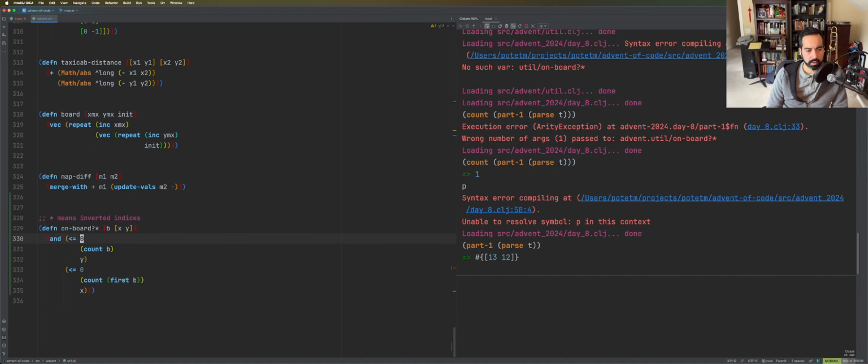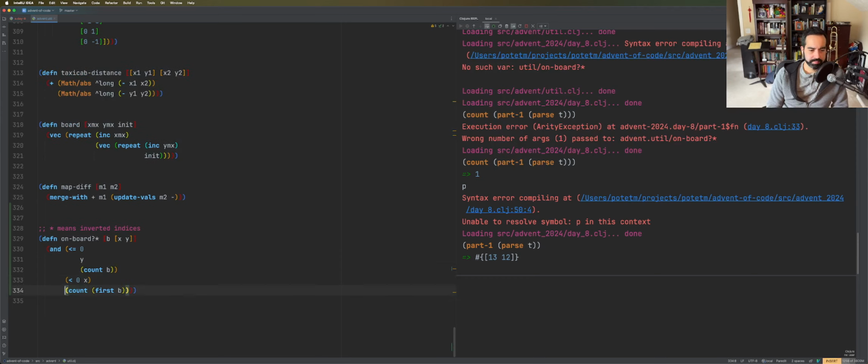Well, no. Or. Yeah, wait, no, and. X. Oh, huh. Yeah, it's got to be between them. But it might include too many. No, count is going to be too many. That can't be equal. It has to be... This is tedious. Oh, well, no, what we can do is make that -1, right? And then that works.